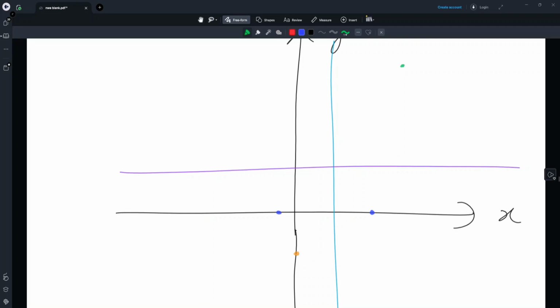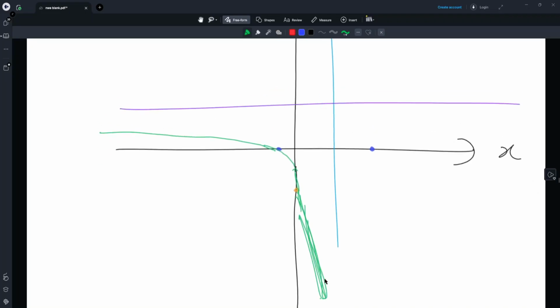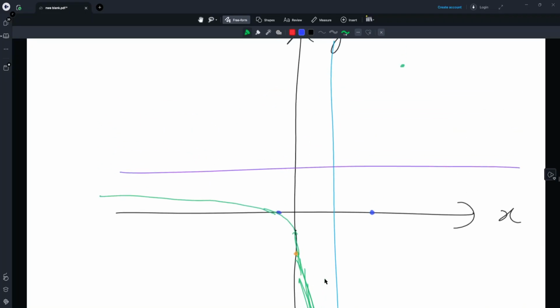Okay, so now if I have some things at the bottom like this, then my graph could technically start off from here, go through these lines, and then go all the way down towards approaching the asymptote here, which is fine. But I don't think there's any way that this could cross these two and go above this.